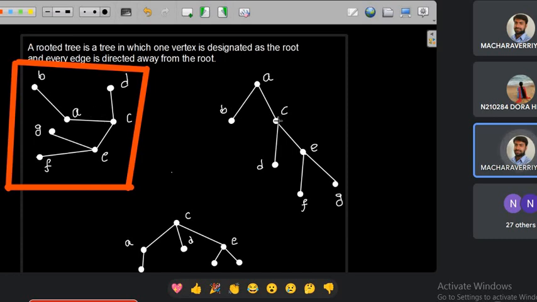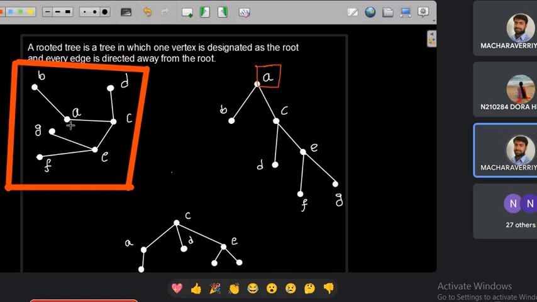Next, you look at C, the vertices adjacent to C are D and E. Among D and E, E has adjacent vertices, which I have written. Now this is a tree, and we call this a rooted tree, rooted at the vertex A.